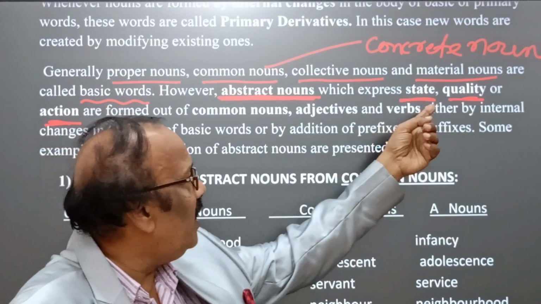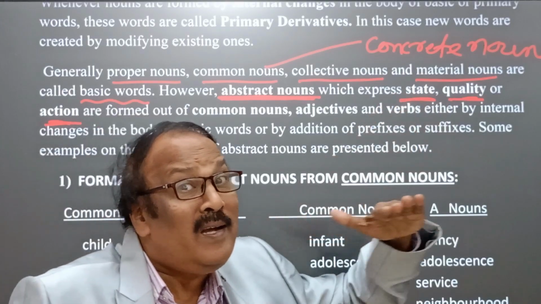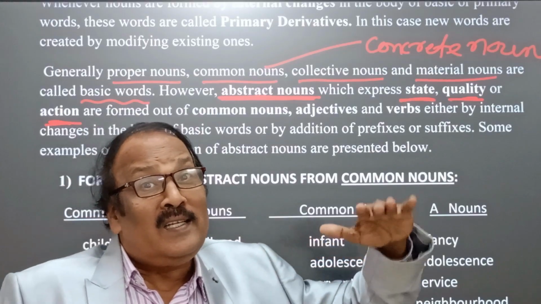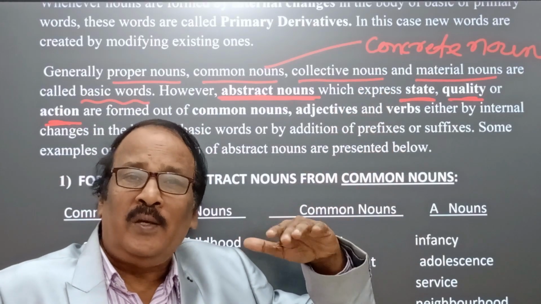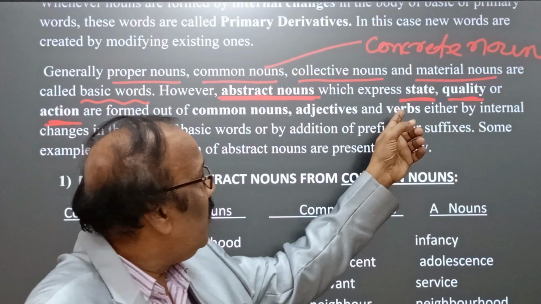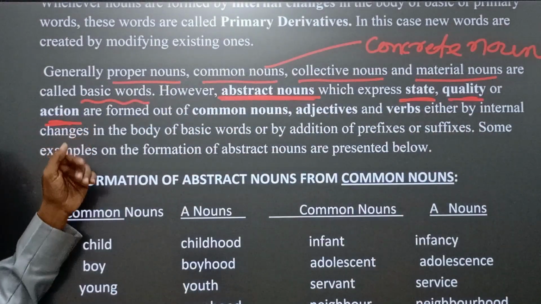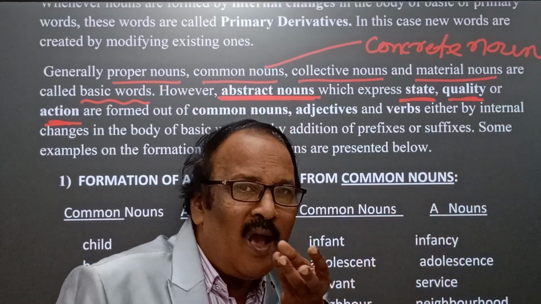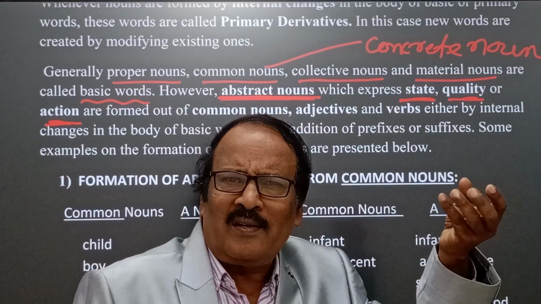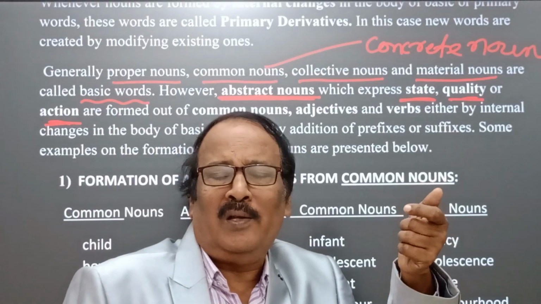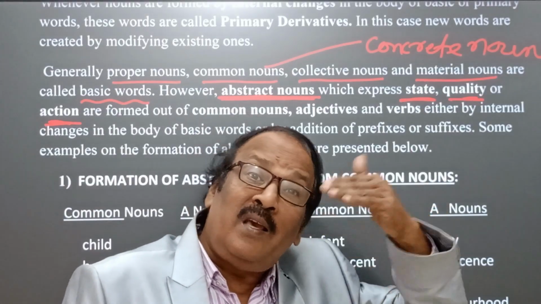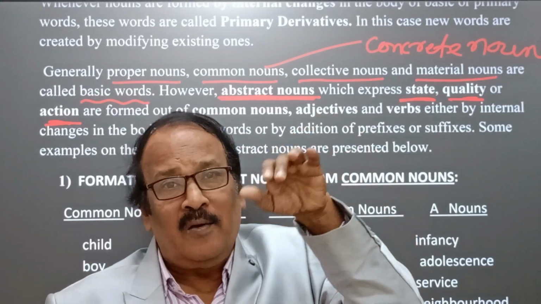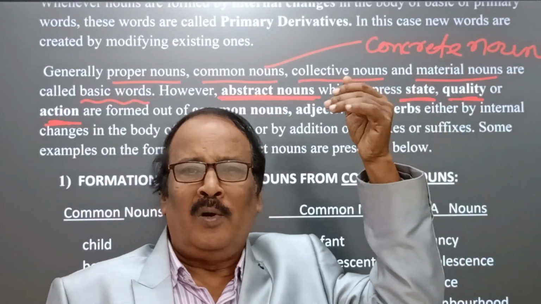And state: darkness, state. Poverty, state. Richness, state. And action: teaching, action; learning, action; love, action. You see, here we find examination. Whenever we examine, the verb, examination, the noun, action.